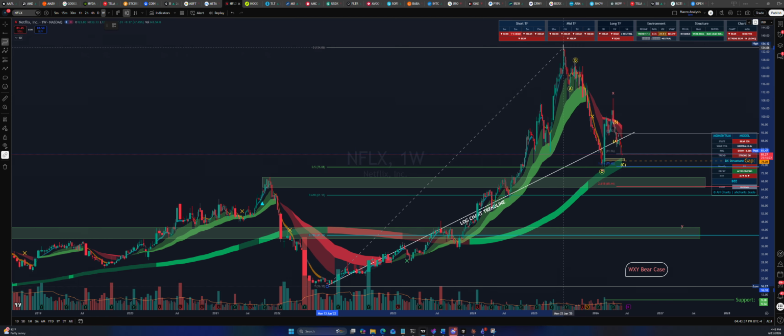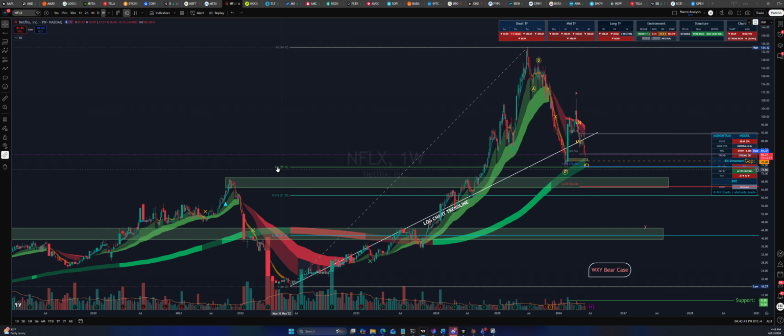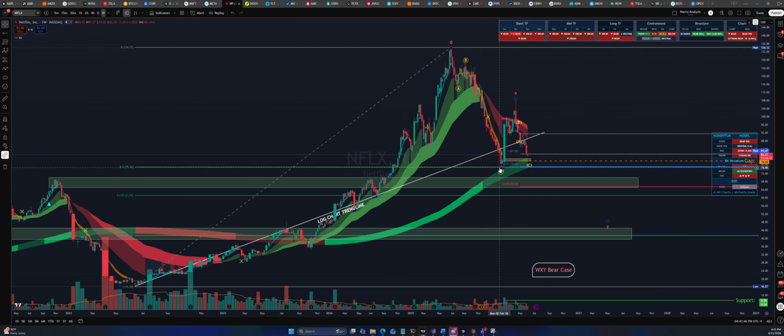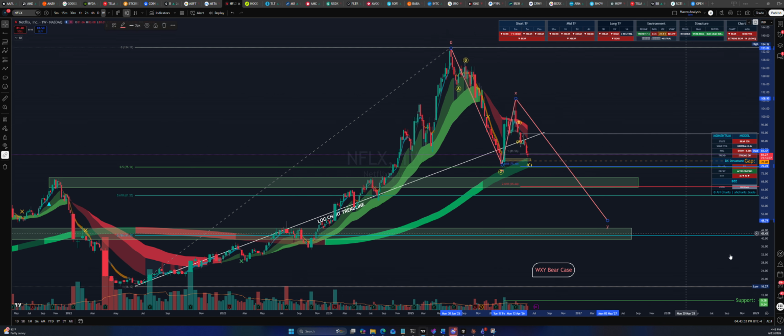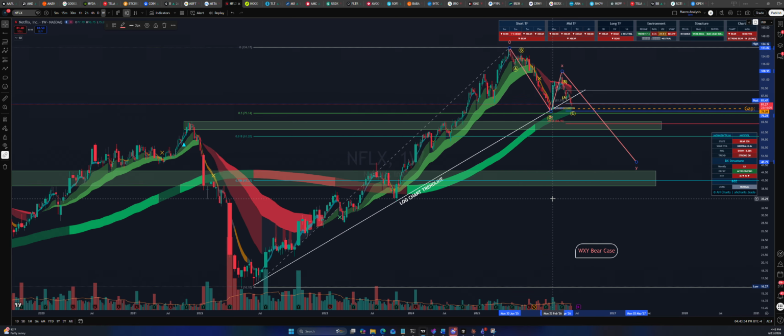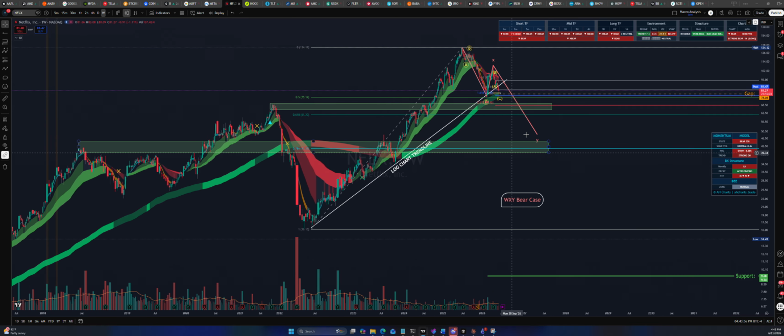So these are all on my watch list. Netflix is correcting this move to the upside. Netflix has already pulled back to the 0.5, which is right here. So the alternative for Netflix is an ABC. The bearish case is that Netflix is doing a WXY move to the downside, right here. That's the bearish case scenario.